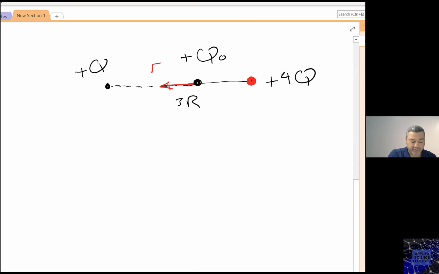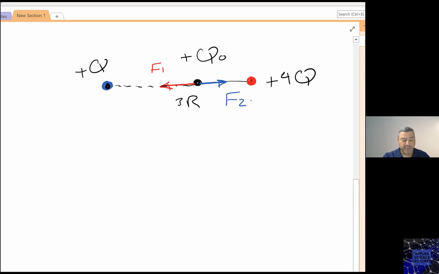Let me call this one F1. Now, if I take this one to be blue, then the force also exerted on the Q naught due to this charge, both of them being positive, is also a repulsive force and pointing in this direction. Let me call this one F2.